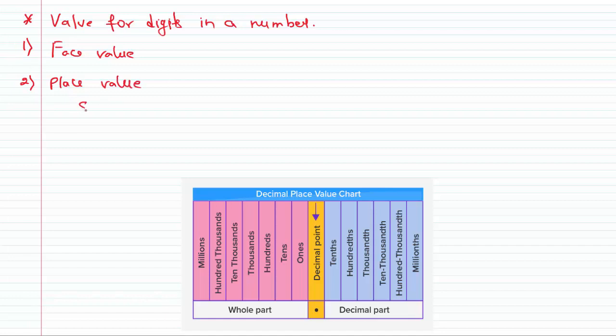Now let's take an example to understand the face value and place value of digits in a number. Here each digit in this number has two values, face value and place value.